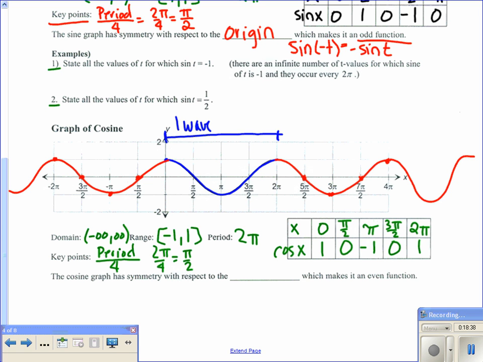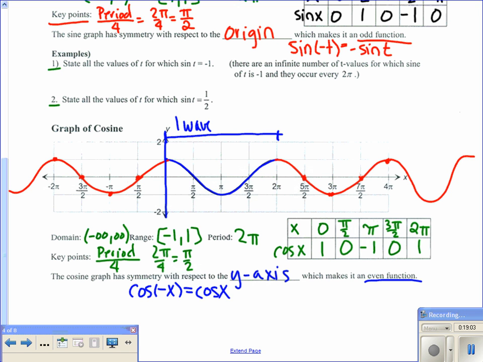Now the cosine graph has symmetry with respect to the y-axis, which makes it an even function. And remember, with even functions you can fold along the y-axis right here, and each side will match up, which it does in this case. And if I have the cosine of negative x, it's going to be equal to the cosine of x.